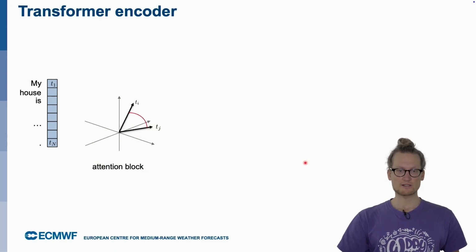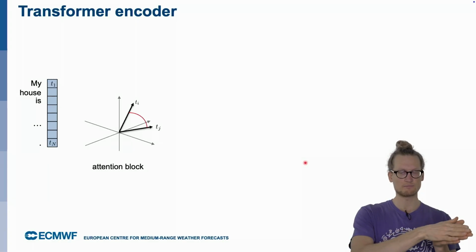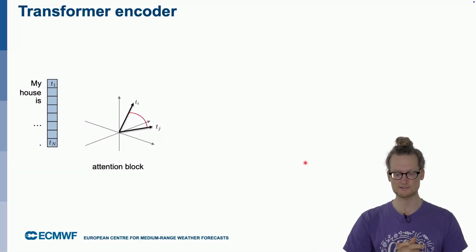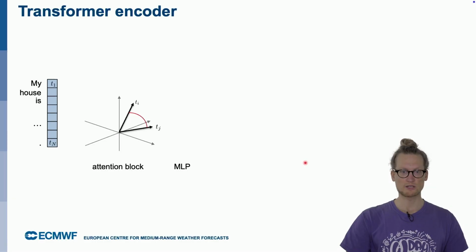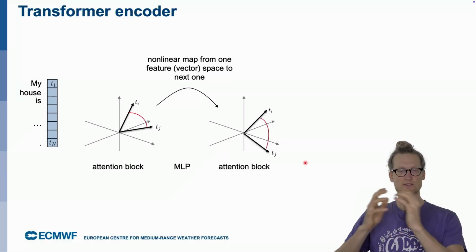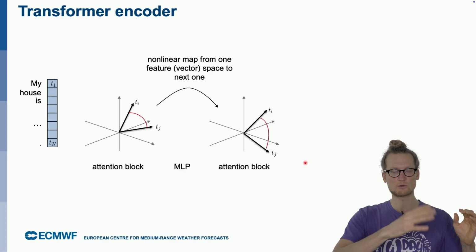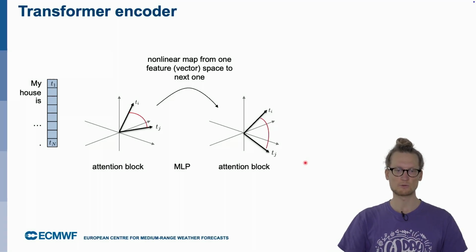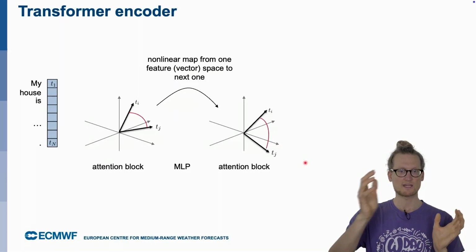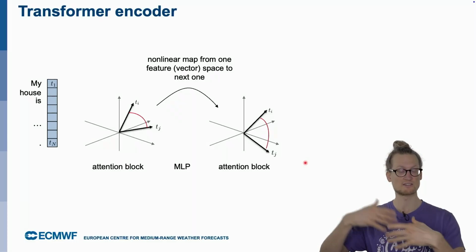As I mentioned, the attention block is computing all the similarities between the different tokens, and then we have this multi-layer perceptron block, which realizes some kind of transformation from vector space A to vector space B. So we have all these similarity measures, we have updated tokens like these T tilde tokens, and then these will be projected into a different space by this multi-layer perceptron, and then we again do an attention block, which does another similarity computation in this new vector space.